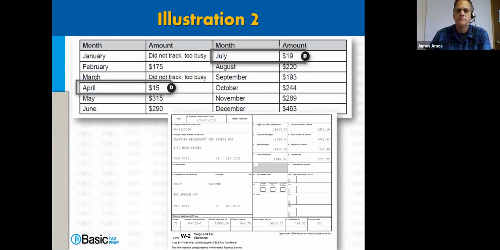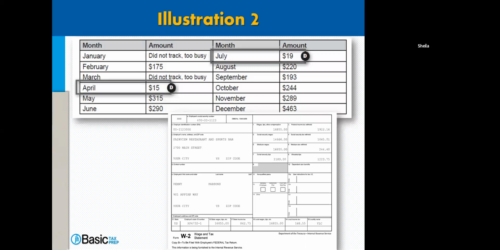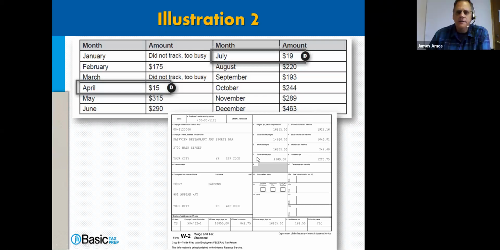Yes, I did. My bad. $21.89. Yes, 2189. What amount is in box 7 right there? $21.89. Those are amounts that were actually reported to the employer.